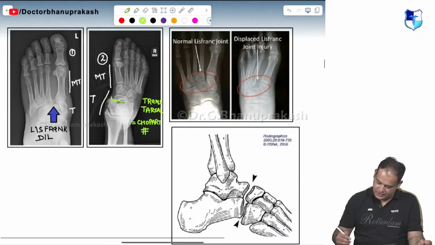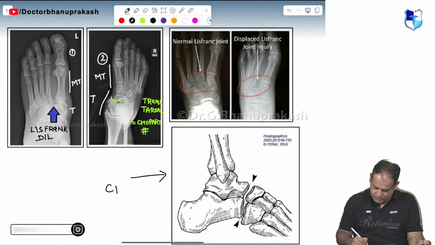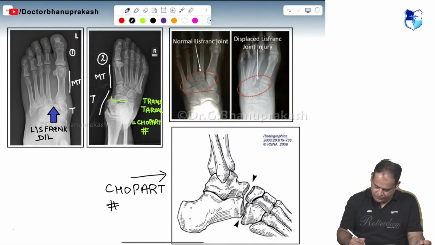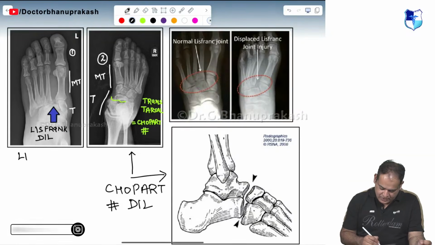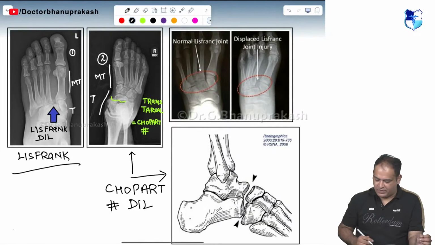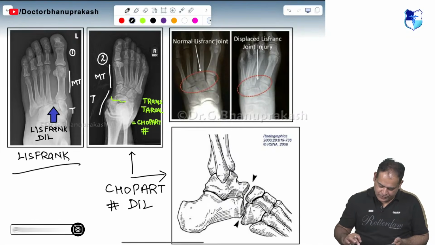Chopart, right? So this, what you get to see over here, Chopart fracture dislocation. And this one is Lisfranc fracture dislocation. Okay, let's move forward.